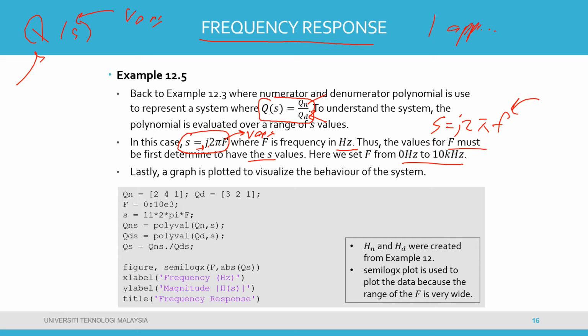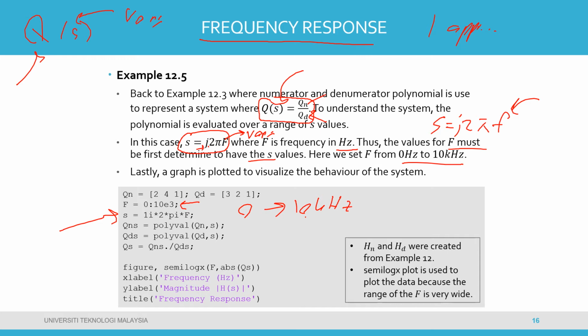So how to do this? Of course, you have to insert the system first. So you have a Q numerator and Q denominator here. Then you have the frequency here. You vary from 0 to 10 kilohertz, with a step of 1. And of course, you have to convert it into the s domain.